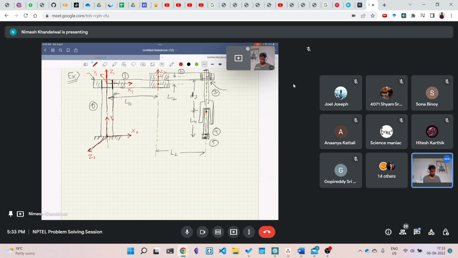Now since the next revolute joint is this, what we will do is assign a frame directly here. We will take a z4 here.